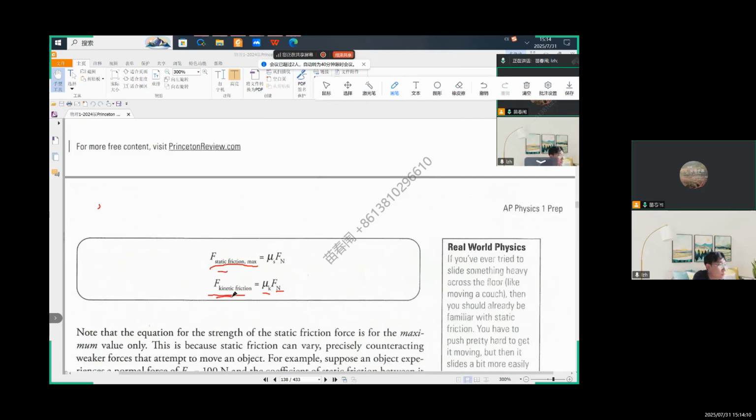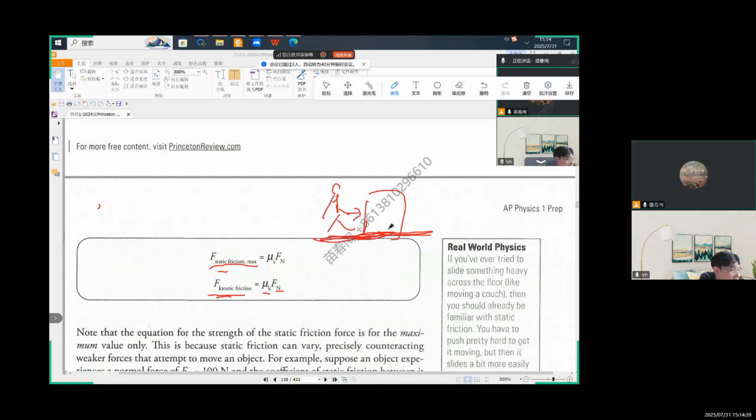Kinetic means you're moving, right? What about static? Do you know what static is? Static means you're not moving. Which means if I push this one, I might not have the strength to make it move, right?